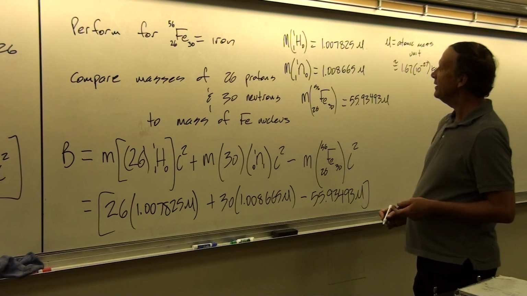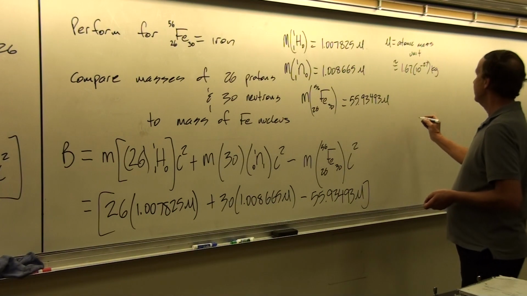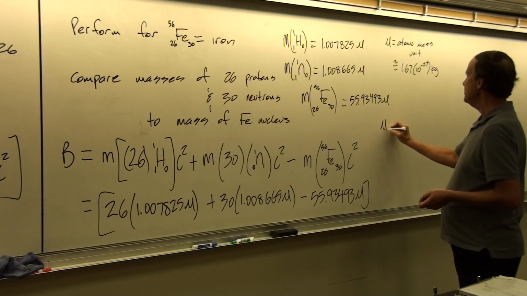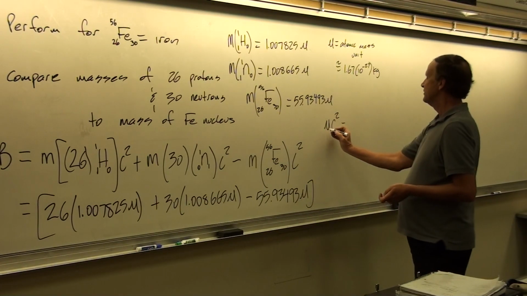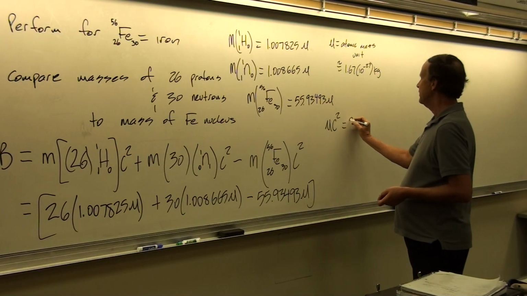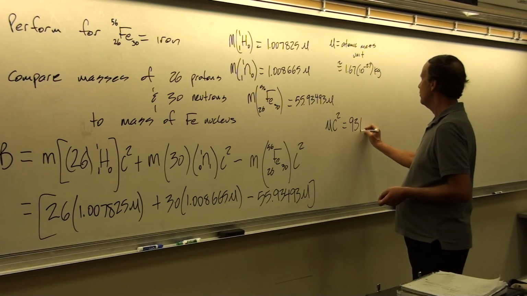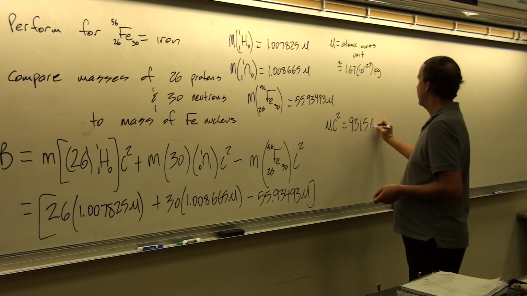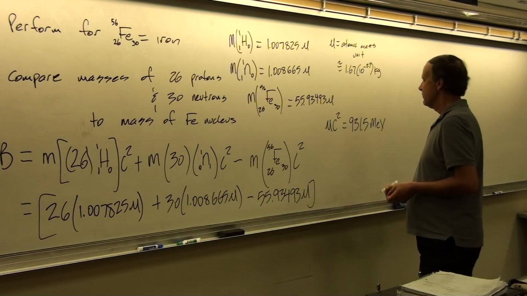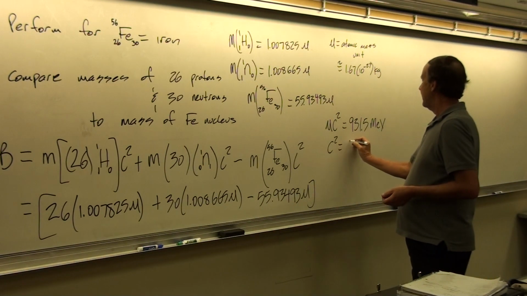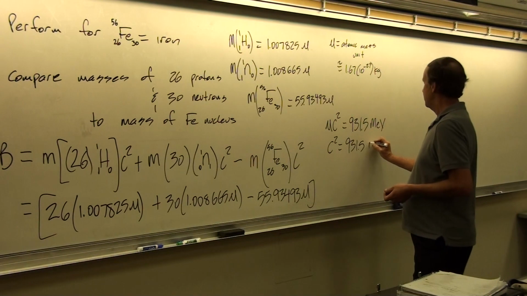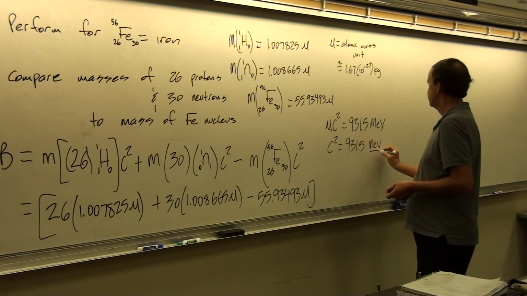Then that's all multiplied by c squared. Now, the way that I'm going to write c squared here is mu c squared. I'm going to write it as an energy. And so this is in MeV, it's equal to 931.5 MeV. So therefore, I can write the speed of light squared as 931.5 MeV over mu.